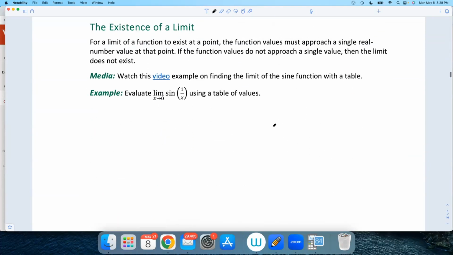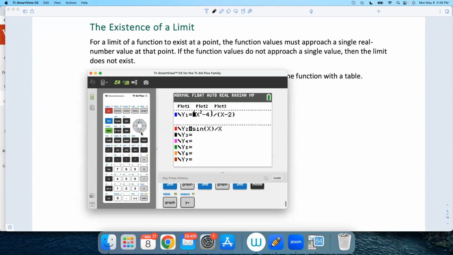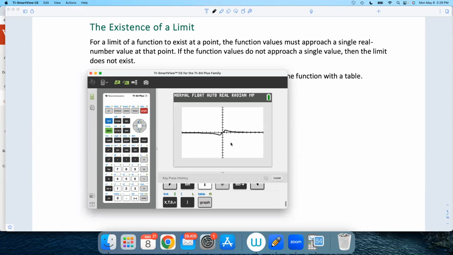This is another example of a limit that doesn't exist because it just oscillates all over the place. So if I were to graph the function y equals sine of 1 over x. You can't see it here, but this graph is oscillating faster and faster and faster.